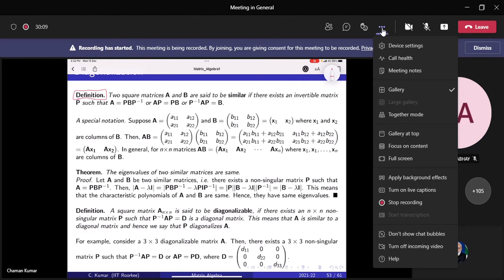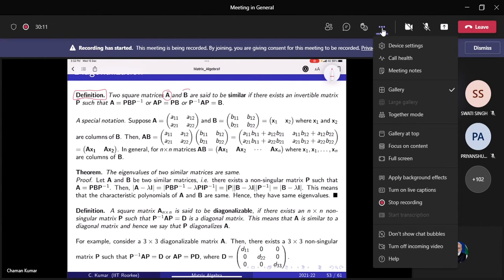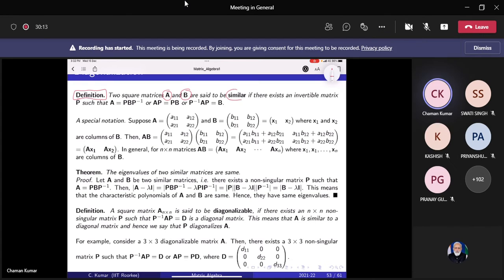We say that two square matrices A and B are similar if there exists an invertible matrix, denote this invertible matrix by P, such that A is equal to P B P inverse.